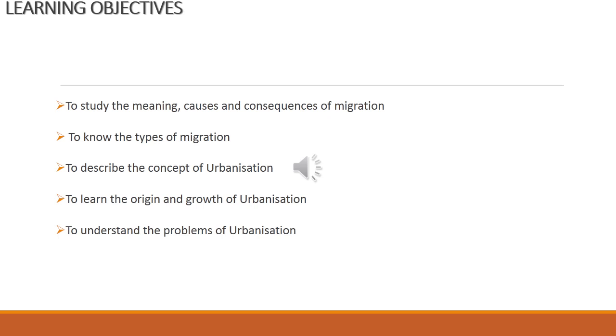Finally, to understand the problems of urbanization. There are various problems associated with urbanization. You will learn these things from this lesson. So the learning objectives: the meaning, causes, consequences and types of migration, and for urbanization, the concept, the origin and growth, and the problems of urbanization.